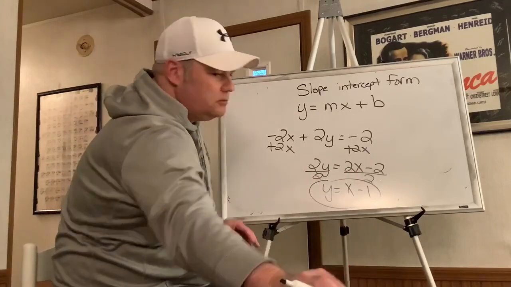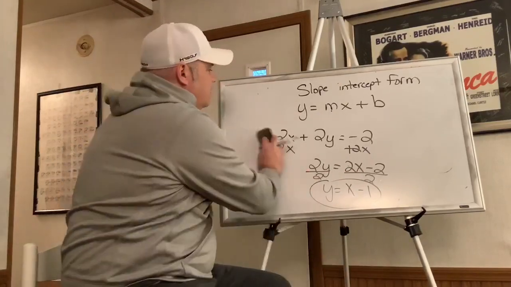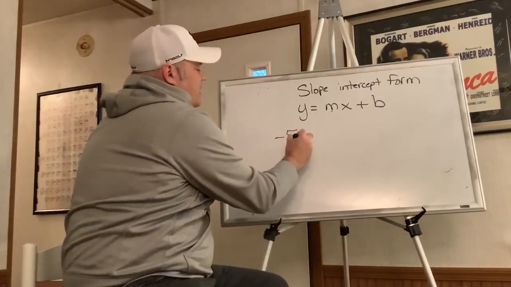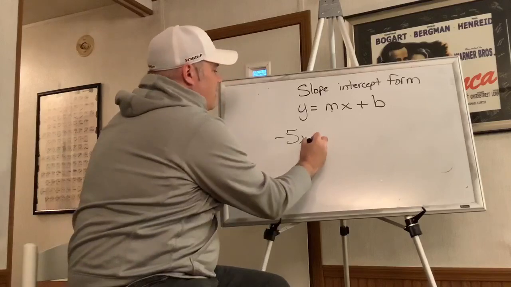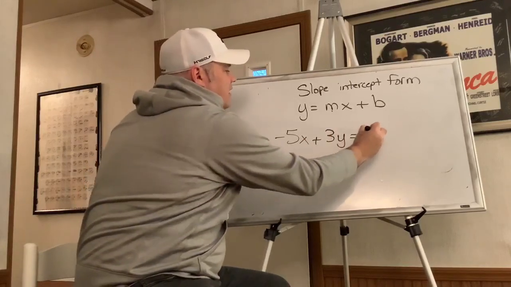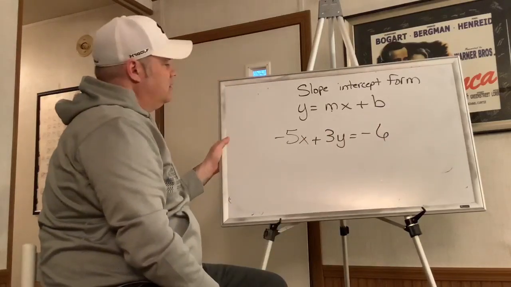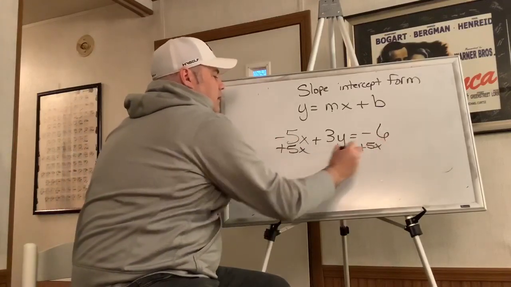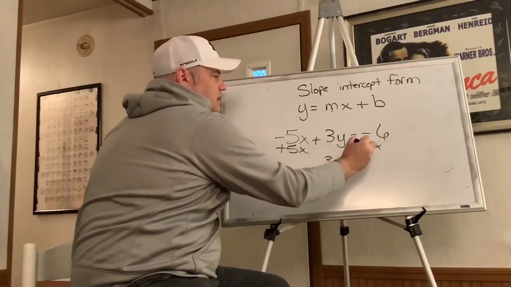Let's look at another one. Negative 5x plus 3y equals negative 6. So we need to have this cut in line. It's going to cut right in front.